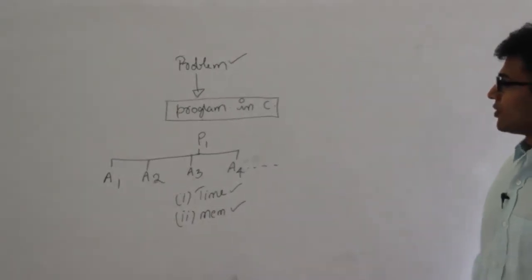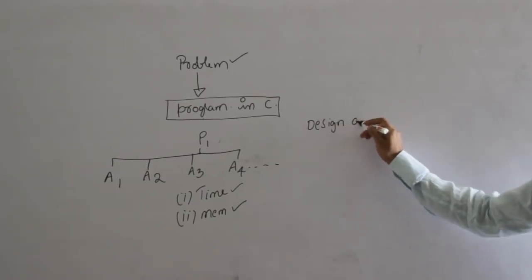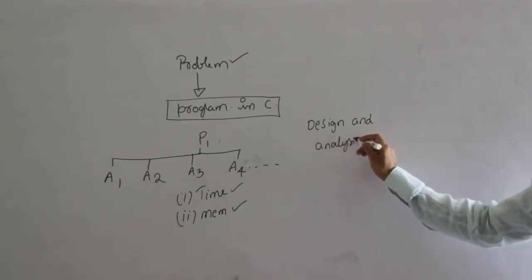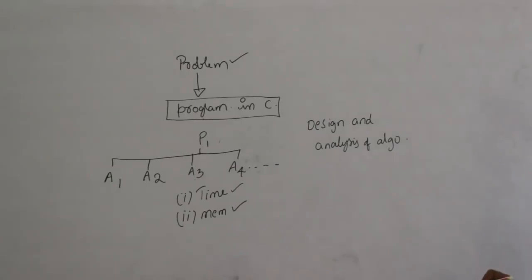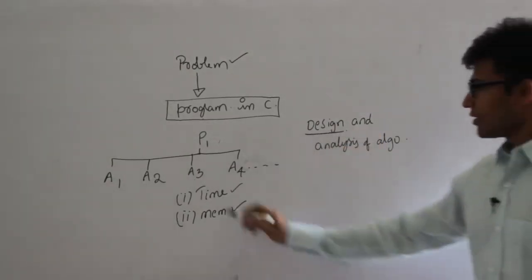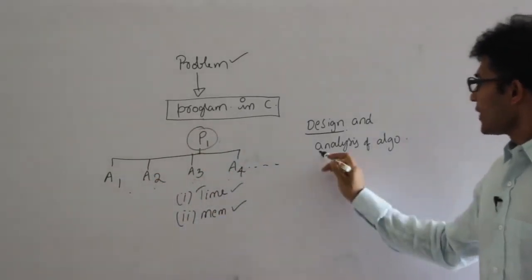So the course Design and Analysis of Algorithms will talk about how to design various algorithms, like for a given problem how many algorithms are there, and how to analyze them.